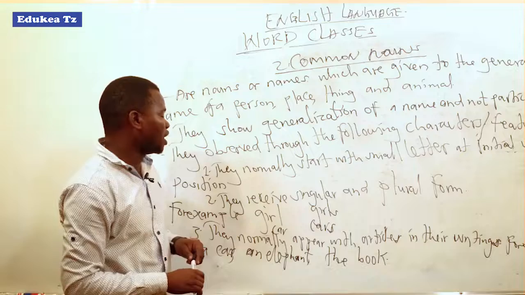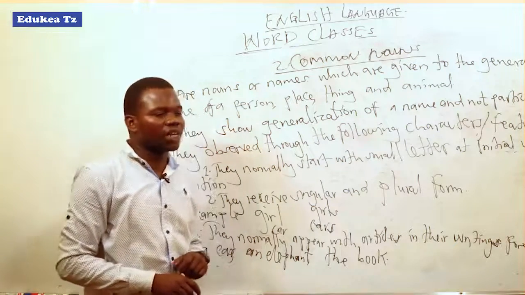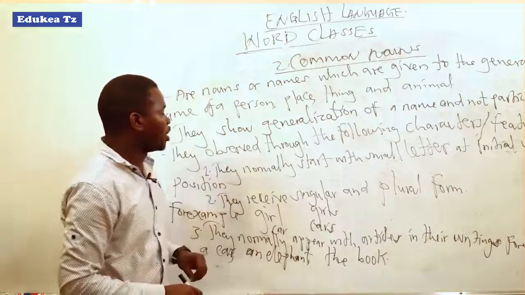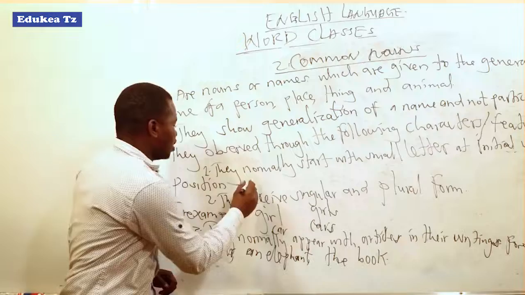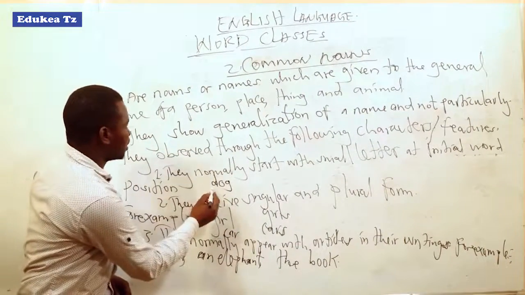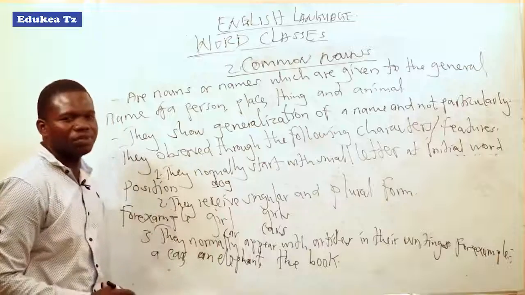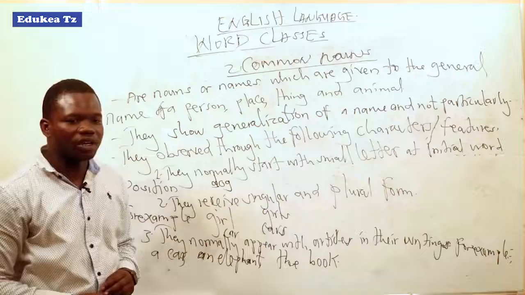In their appearance, we normally write them with a small letter at the initial word position. For example, if I want to write the word dog, we can't start with a capital letter simply because it is a common noun.